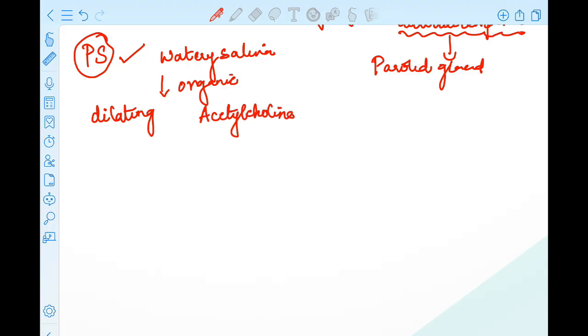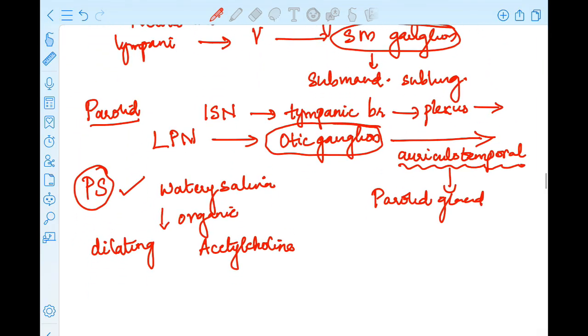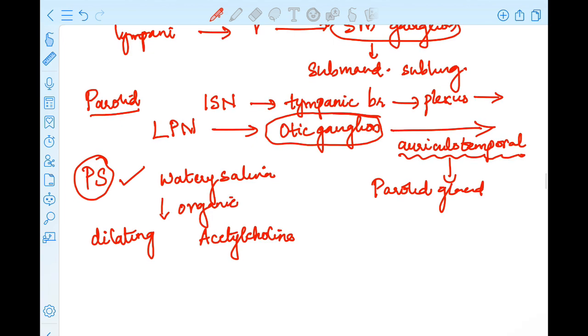This is the basics of the parasympathetic supply to the submandibular, sublingual, as well as parotid. Write it separately. The parotid should be written separately because it has the inferior salivatory nucleus, and then the tympanic branches, the tympanic plexus, then the lesser petrosal nerve, then the otic ganglion, and via the auriculotemporal nerve, it goes to the parotid gland.